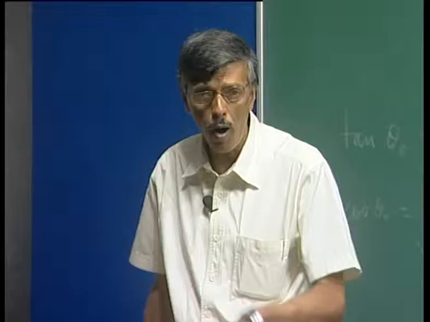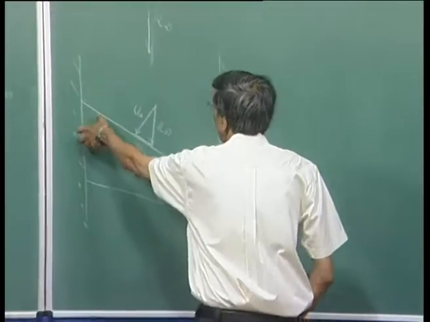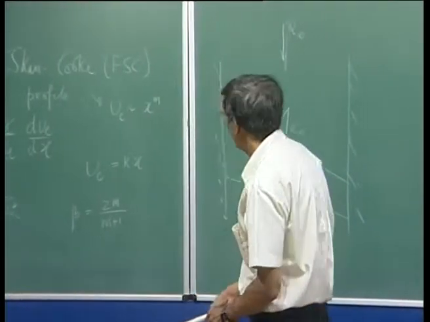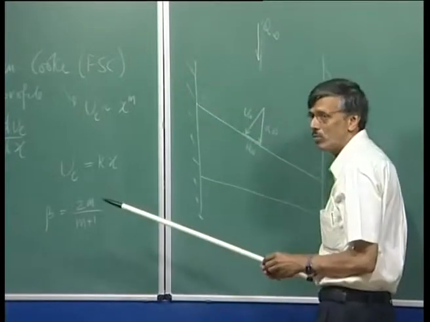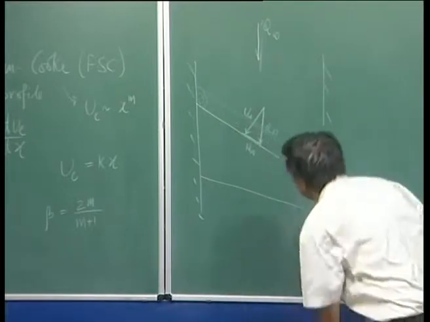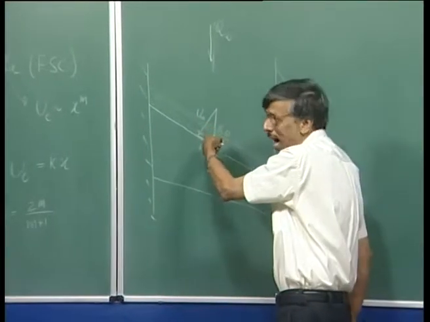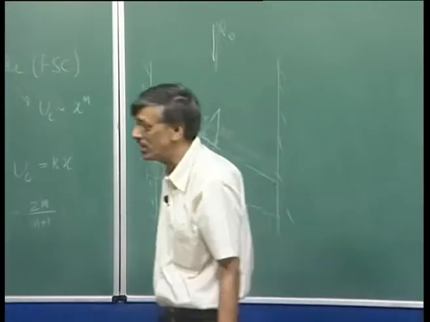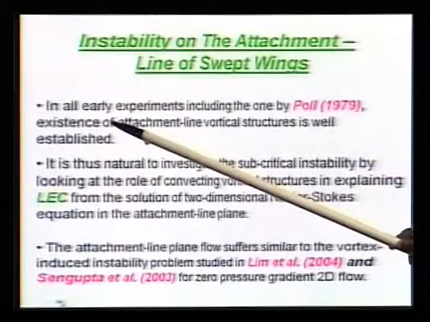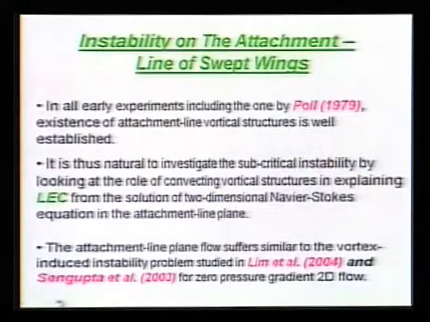For example, Poll did that experiment, and instead of taking a wing, he took a yawed cylinder, and he noted that along this attachment line in this plane there will be a lot of vortical structures, because aided by the sweep angle, they will propagate inside the shear layer or outside the shear layer. So, that is what is being said, that experimentally it was noted that attachment line vortical structures are very much there.